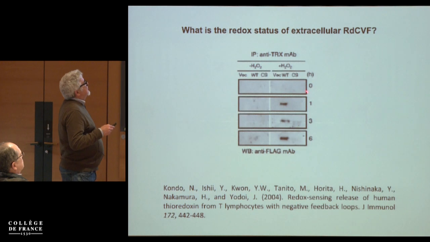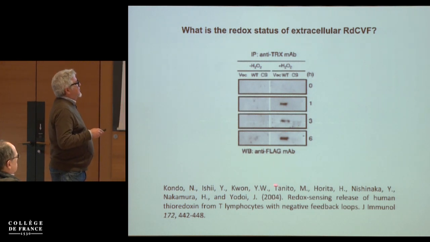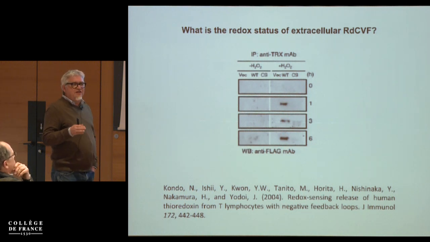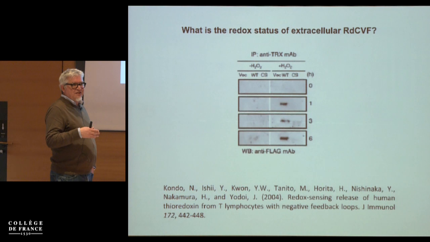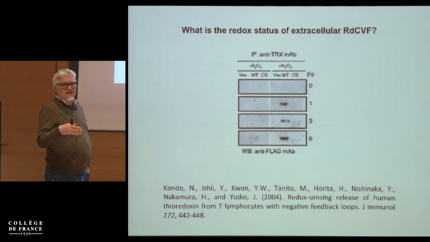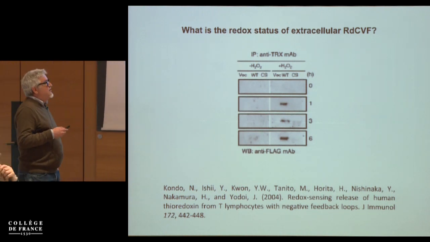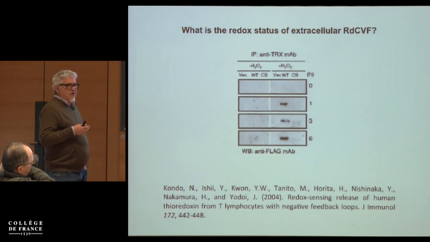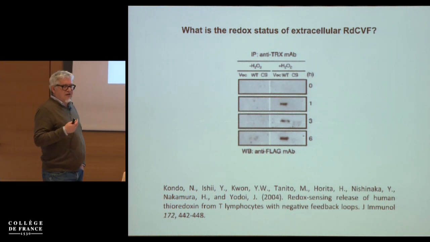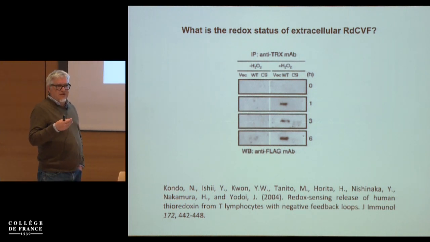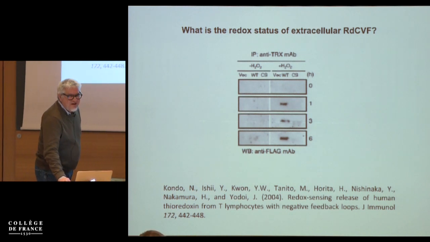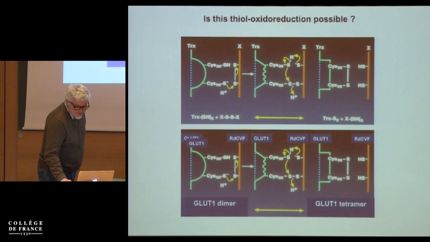So in this condition, which has been published more than 10 years ago, there is an increase in thioredoxin, which is not RDCVF, it's in the literature, it's thioredoxin. It is just taking thioredoxin as an example of this. So in this condition, we might think that the RDCVF form which is secreted in the extracellular space between photoreceptors is actually oxidized, which is a question. I would like to have your advice on this.